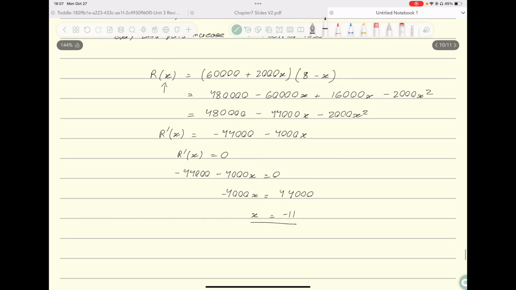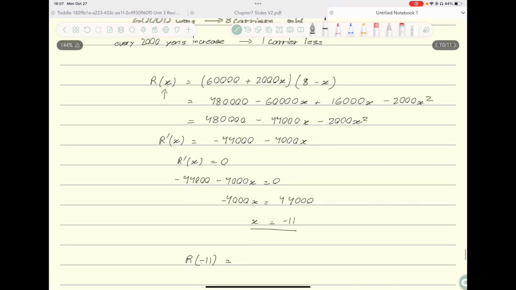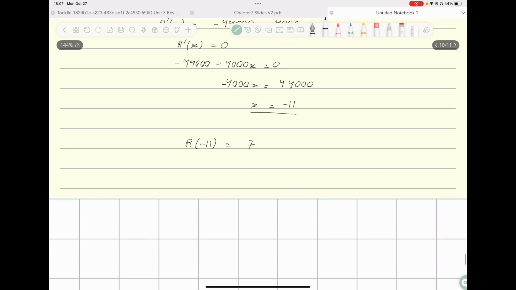So if we plug in negative 11, we'll get 722,000.